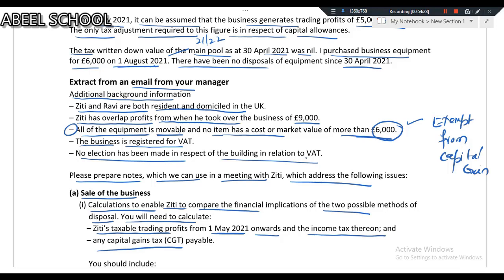So what are the conditions? The buyer will carry out the same business which ZT was running. Second, there will be no significant breaks, and the purchaser must be VAT registered. So these are the conditions.